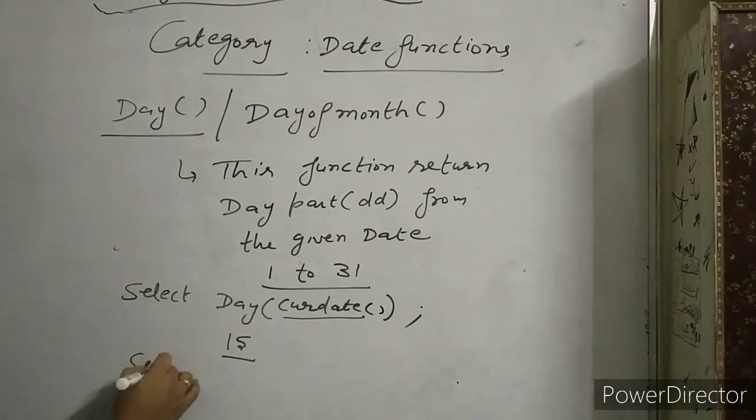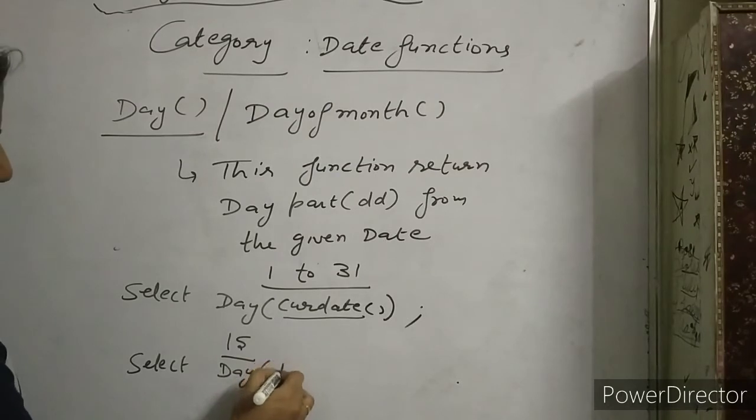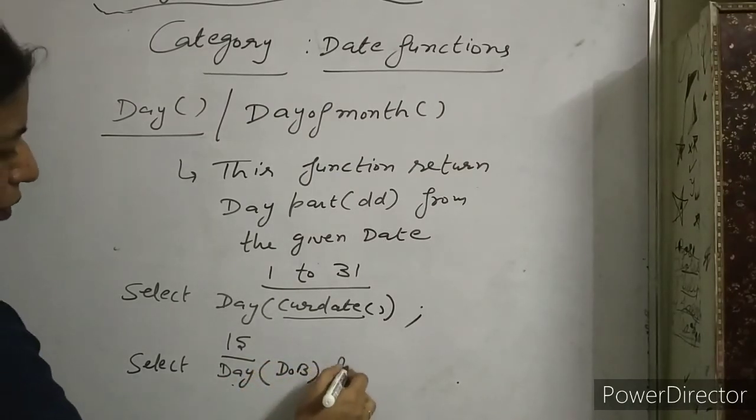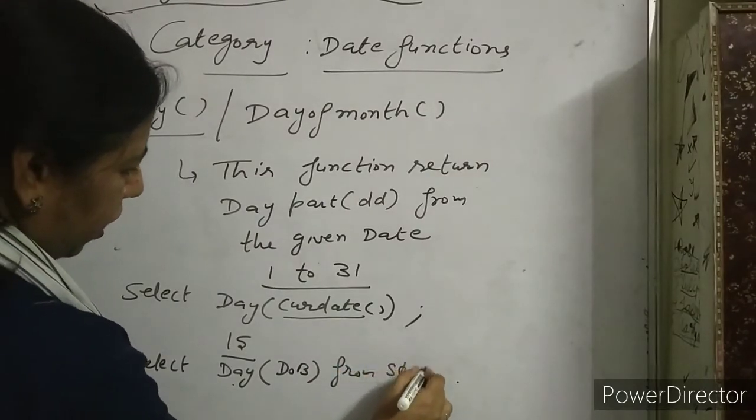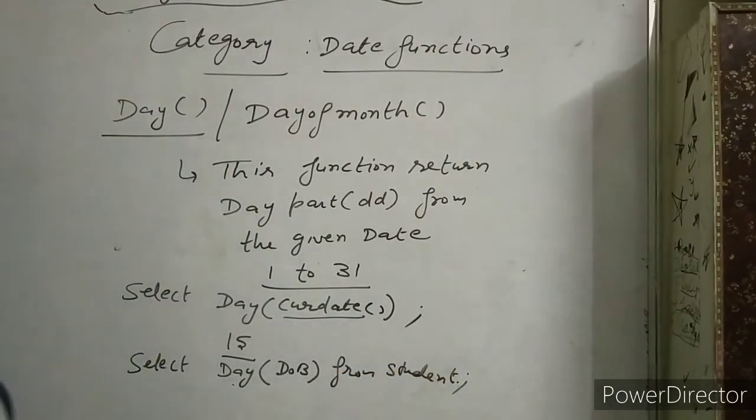If I want to display the day part of the DOB, date of birth, I write here the name of the column, day DOB from, what is the name of the table here? Student. Clear? You write the day part for all.